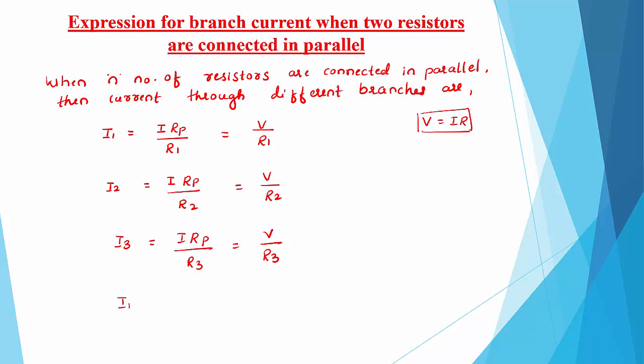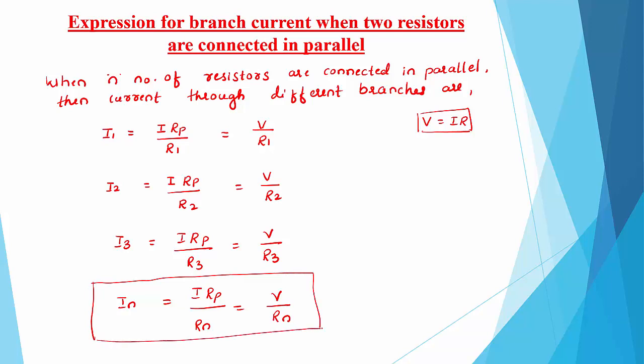Suppose we consider n number of resistors. For the nth resistor, there is an In current flowing through it. So we can write I Rp divided by Rn is equal to V divided by Rn. This is for the nth resistor when they are connected in parallel. Is it clear?